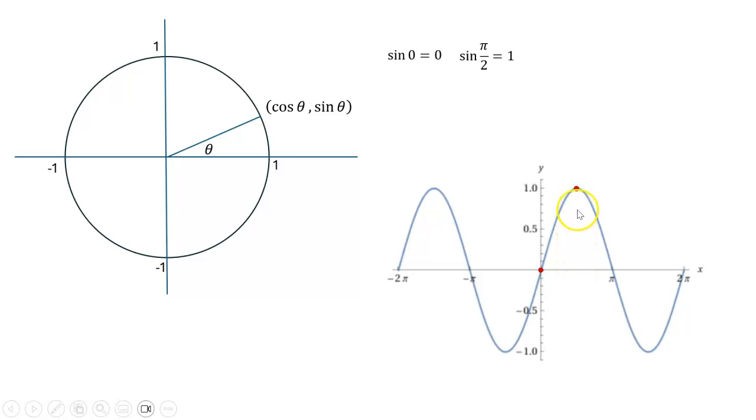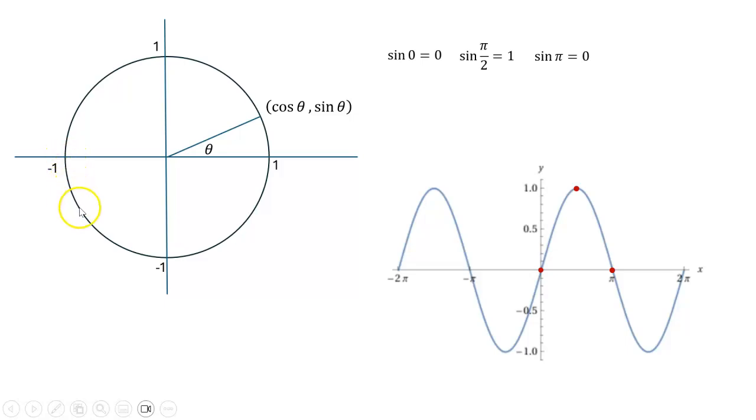So when you plug pi over 2 into sine, you get 1 out. Let's continue. Suppose our angle increases all the way to pi, which is 180 degrees, but pi radians. When you're sitting there, your y-coordinate is back to 0. So that tells us sine of pi is 0. There's the corresponding point on the graph.